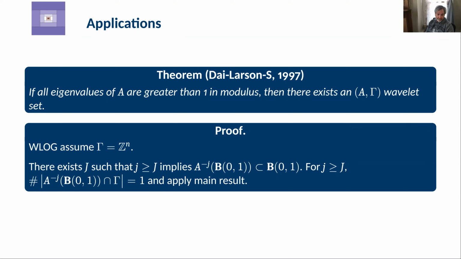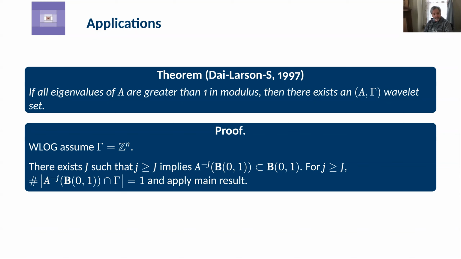So we can assume that gamma is the integer lattice. Then you might think that if all the eigenvalues are bigger than 1, and you take a to the -1 applied to the ball, it would automatically shrink it to be inside the ball. But that's not true. You can have shear and stuff where it doesn't quite work, but it's almost true, because if you take a large enough power, then it will be contained inside the ball.